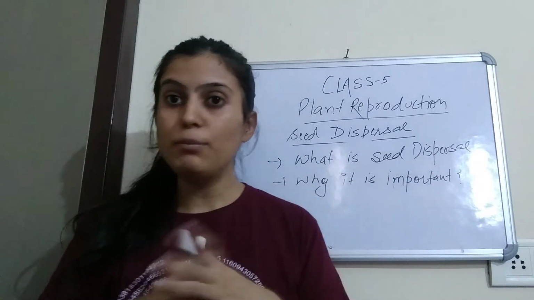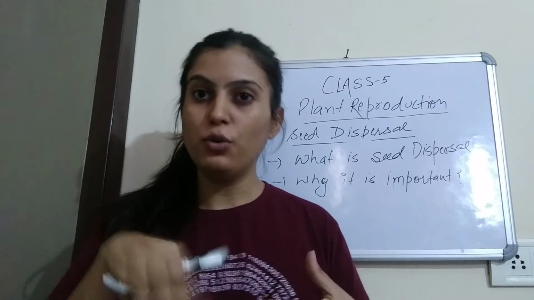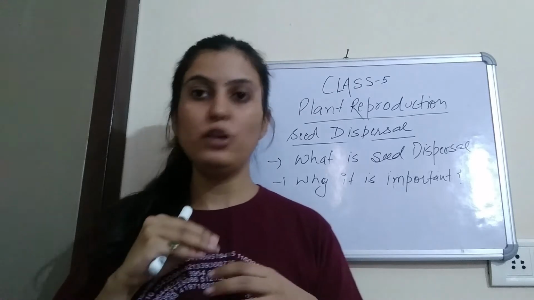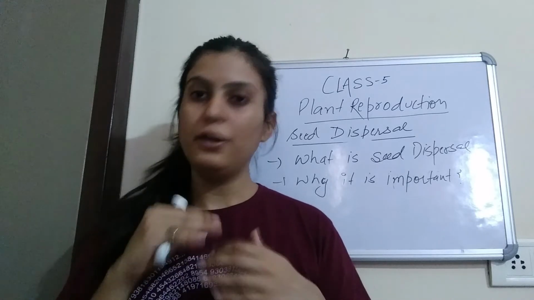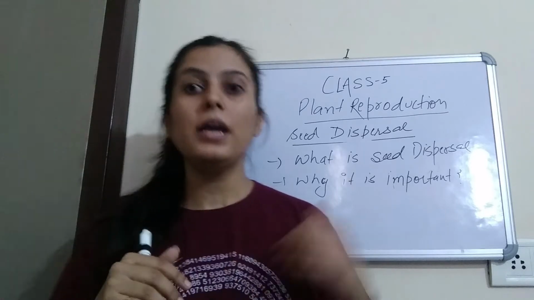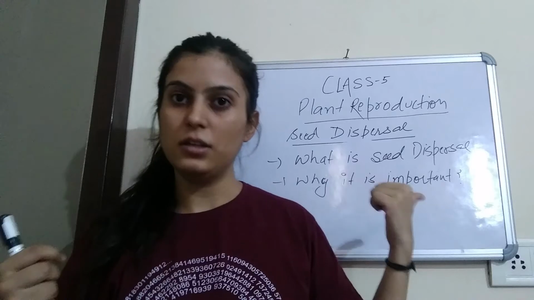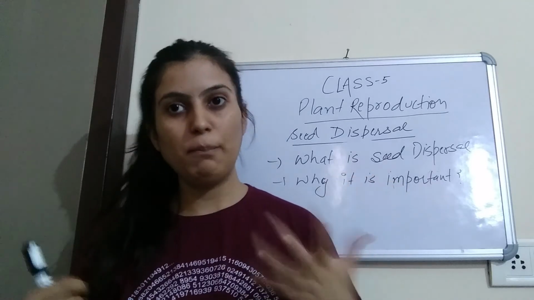Now, why is it important? If the seeds started growing at the same place, there will not be enough space and not enough air, water and nutrients. So that's why seed dispersal is very important.